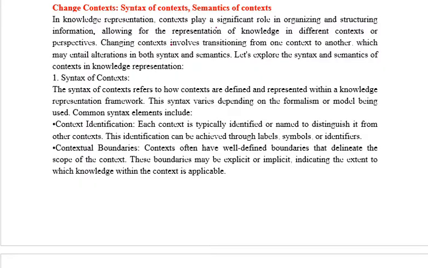Changing context involves moving from one context to another, which may be in the form of syntax or semantics. The context will have syntax, meaning some rules which we have to follow, and semantics, meaning some meaning.